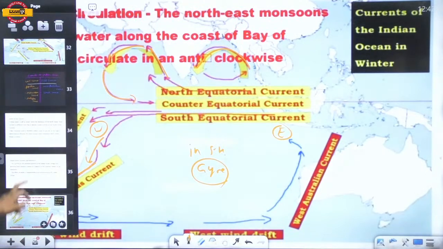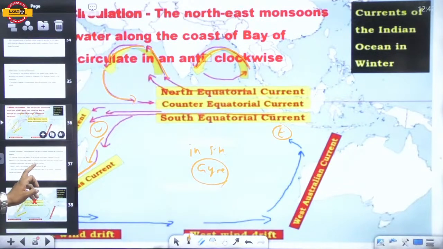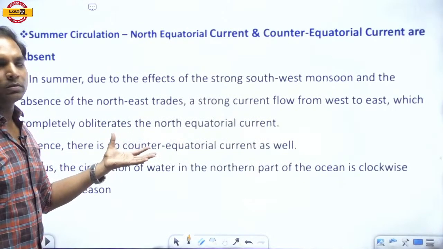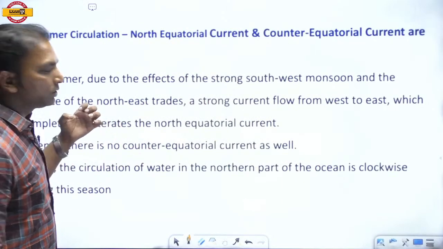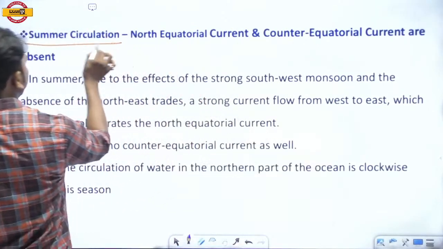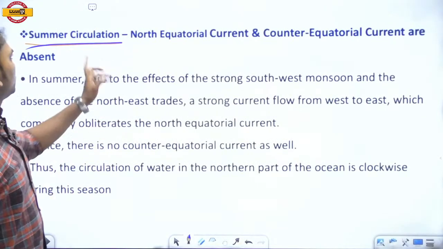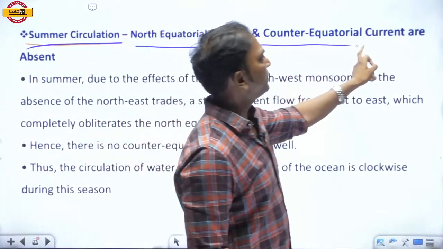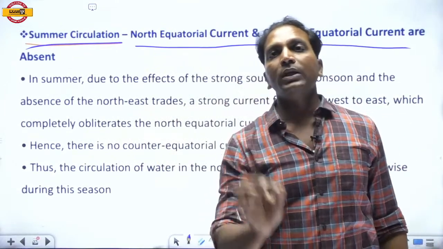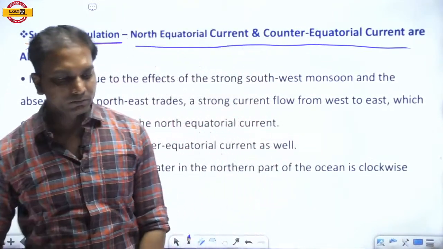So you have just seen the winter, and now you see the impact of the monsoon or summer season. In summer circulation, the north equatorial current and the counter equatorial current are totally absent in the northern hemisphere, Indian Oceanic region.